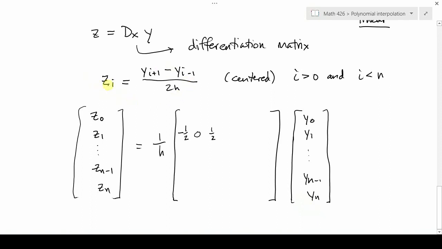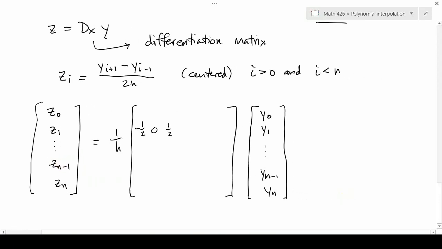All right? Now let's skip down to z_{n-1}. This is 1 half y_n, which is at the last column, plus 0 times y_{n-1} minus a half times y_{n-2}, which is just to the left. So you see how we're just filling in the weights, right? That's what's so convenient about writing them that way.